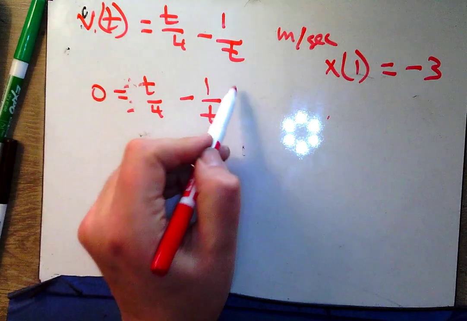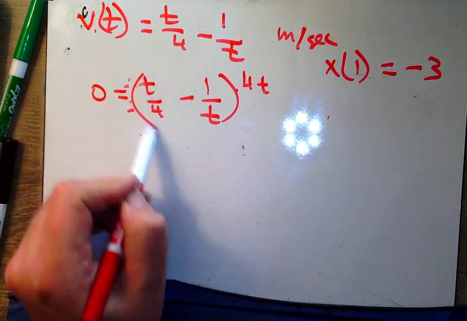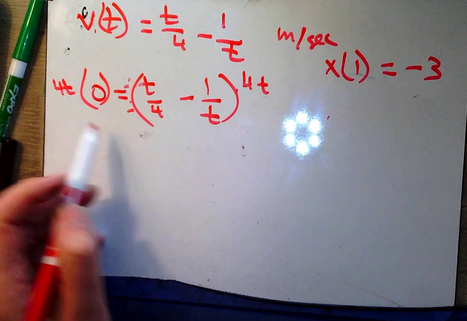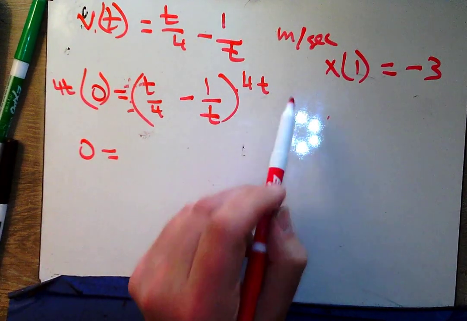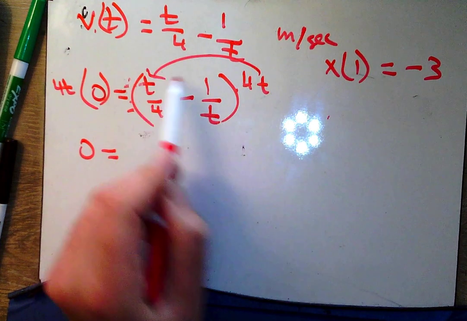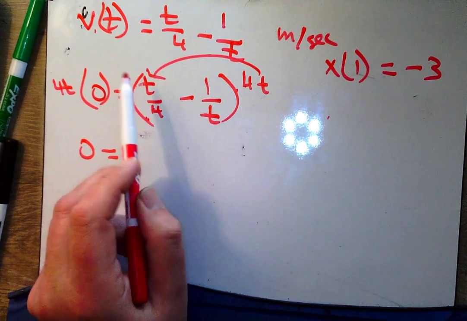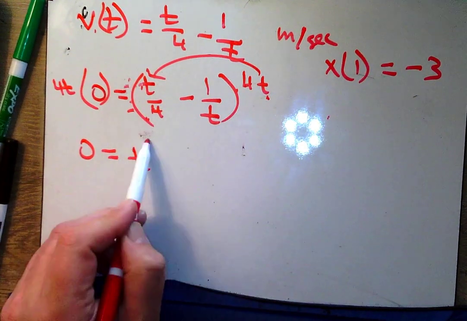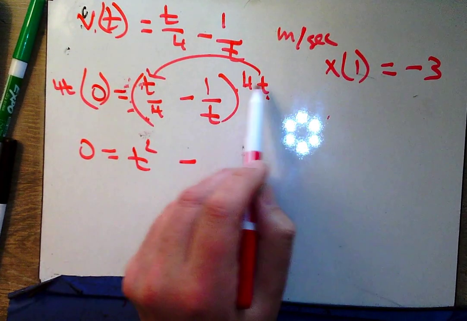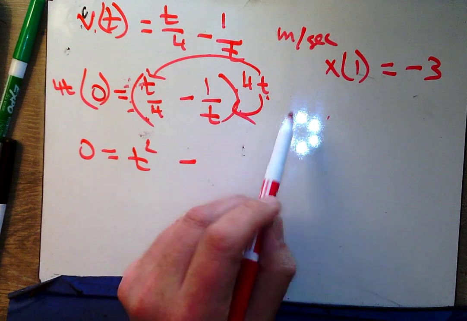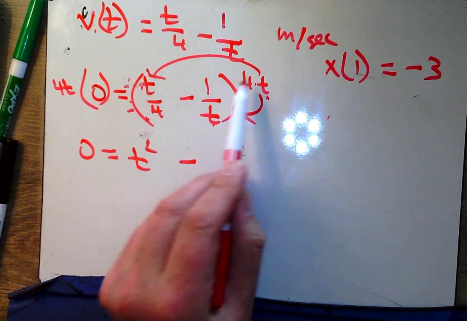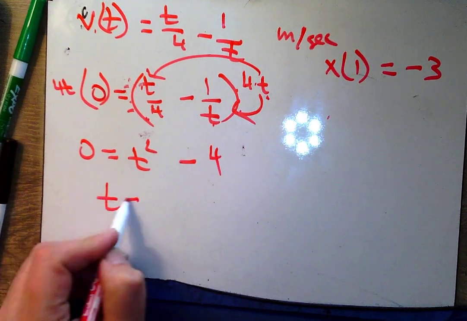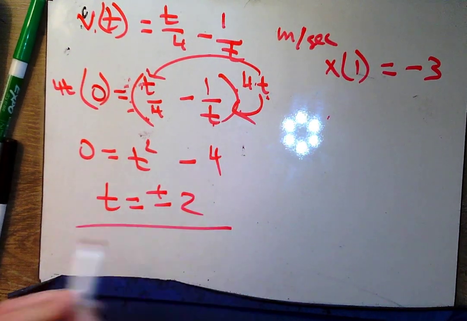Since we're solving an equation, let's just multiply everything by 4t. 0 times 4t, still 0. If I distribute this 4t here, the 4's cancel, and I'm left with t times t squared, minus, and when I multiply this 4t here, the t's cancel, and I get minus 4. Oh, well, look at that. We get t equals plus and minus 2.